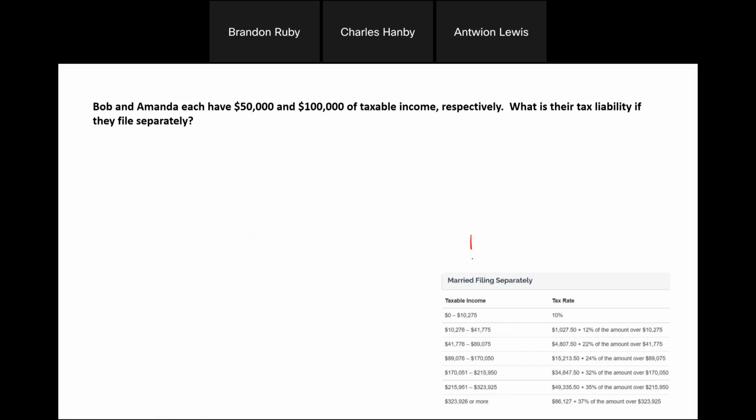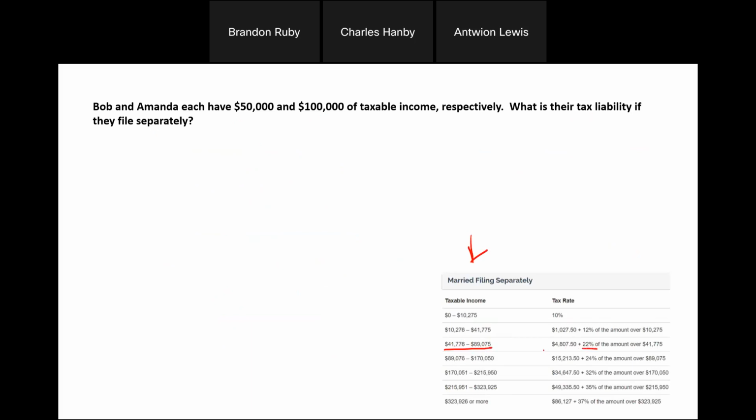You're going to go to the married filing separately table, and we're going to find the brackets for them individually. 50,000 is between 41,775 and $89,075, so Bob's marginal tax rate is going to be 22%.